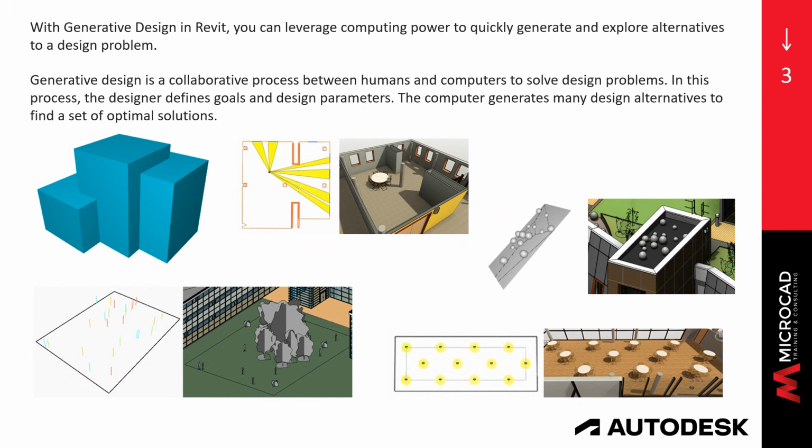It can be placing trees within a public area outside of your building, and it will give you a whole bunch of different options. So it will give you many design alternatives that will help you define your most optimal solution.